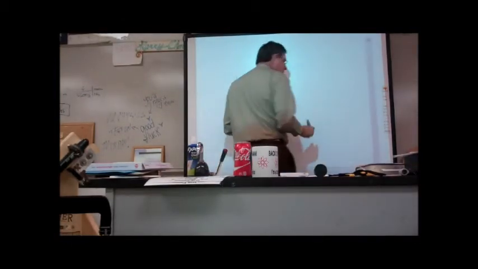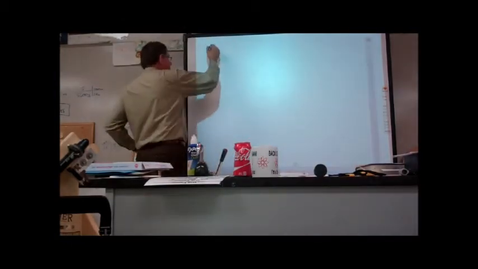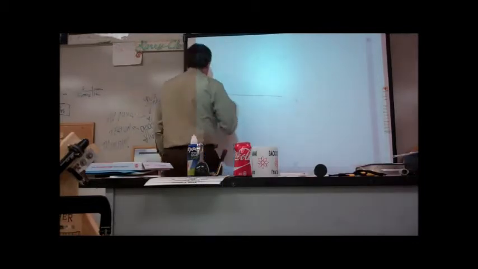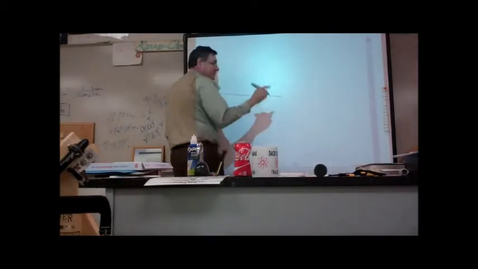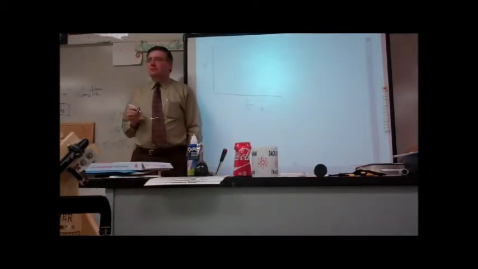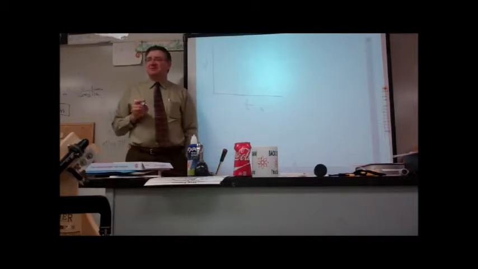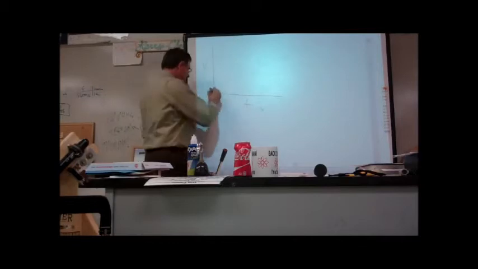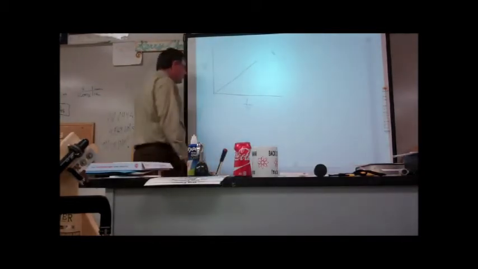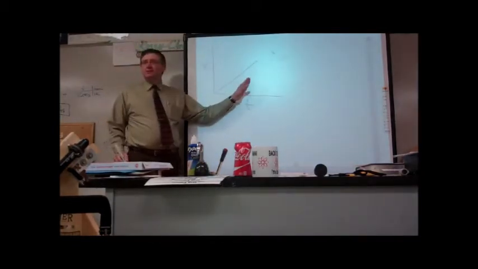Now, let's look at what we can do with just this idea. So, what's the velocity time graph going to look like for the cart? Miss Hillman, what's my velocity time graph going to look like? Boom, like this. What's the slope of the line?